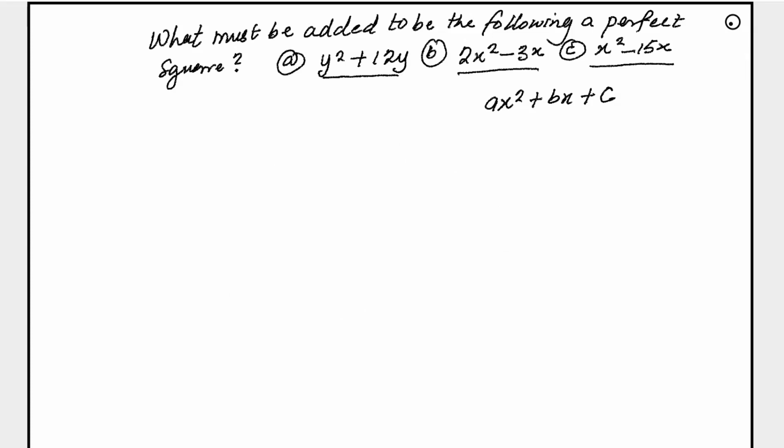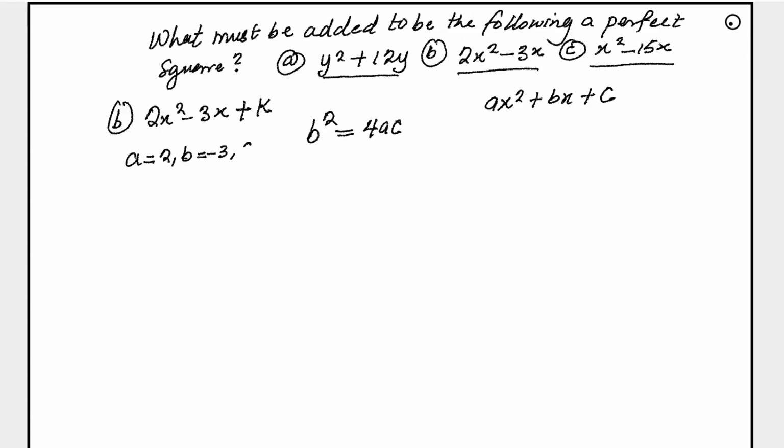Now the next question, it says what must be added to 2x squared minus 3x to make it a perfect square? Let's say k. Okay, so in this case we need to find the value of k. So we are using b squared is equal to 4ac. What is my a? My a is 2 here, my b is minus 3, and my c is k. So let's put all the values here.